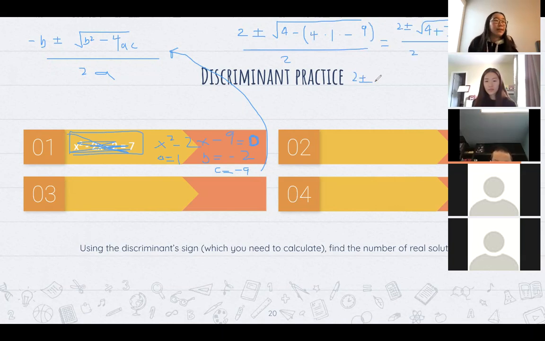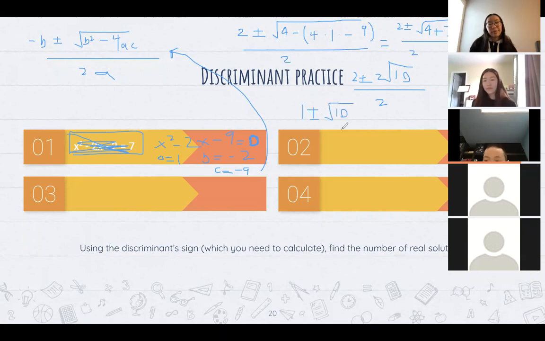So you would have to simplify that down to, hang on, 2 radical 10. And 2 at the bottom. Now you can simplify even further because you can divide both of the top terms by 2 and you get 1 plus or minus radical 10.